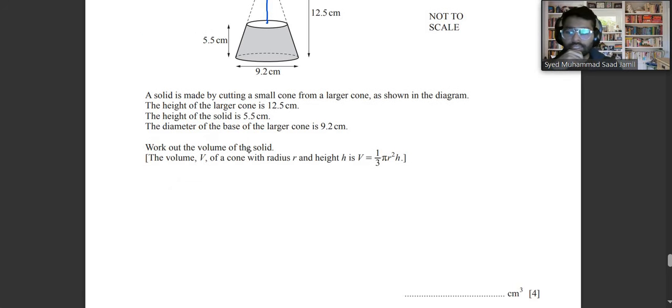So the volume of the larger cone is V equals 1 upon 3 pi r squared h. 1 upon 3 multiplied by pi multiplied by r.